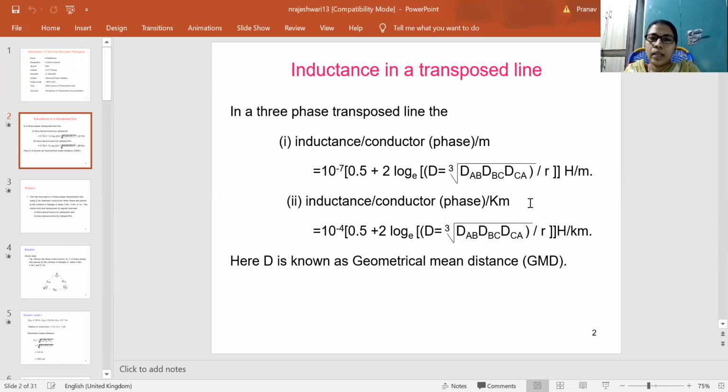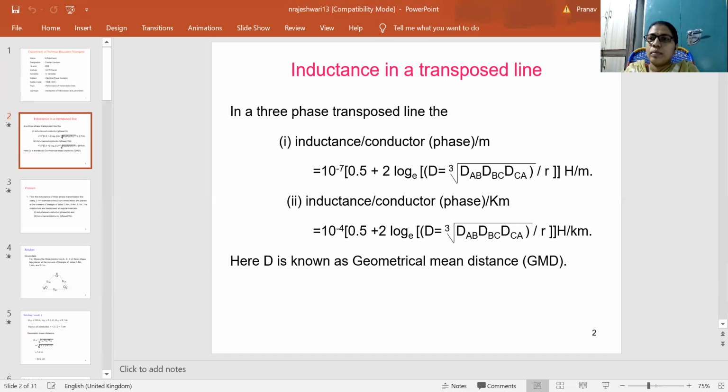Inductance per conductor per kilometer will be 10 to the power of minus 4 into 0.5 plus 2 logarithm of D by small r Henry per kilometer, where D is known as the geometrical mean distance.